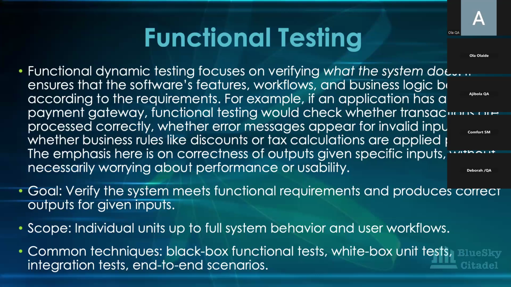Then we have techniques of testing, which we're going to discuss next week. Some of them are black box functional testing, white box unit test, integration test, and end-to-end scenario. With those techniques, we can test our code for our software, so we can do functional testing.